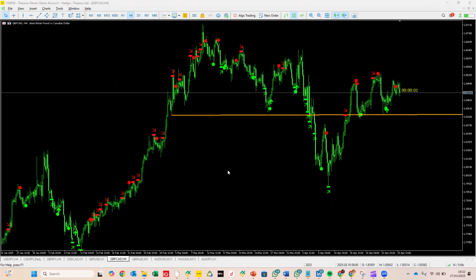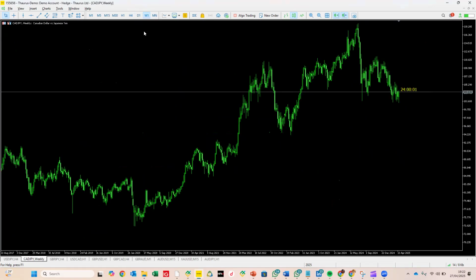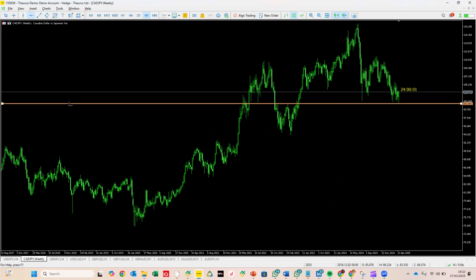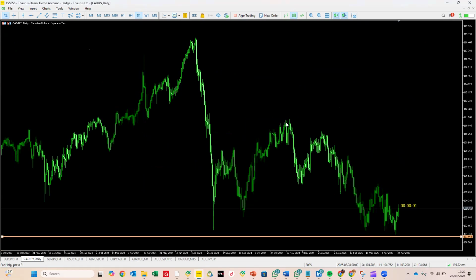And then which other pair do we have? The CAD JPY. The CAD JPY is a very minor pair. We have a very strong support line around here. And then we also have that CAD and yen may most likely be strong at this period, which means that we may most likely be having price moving sideways.